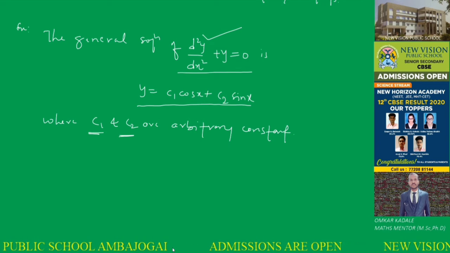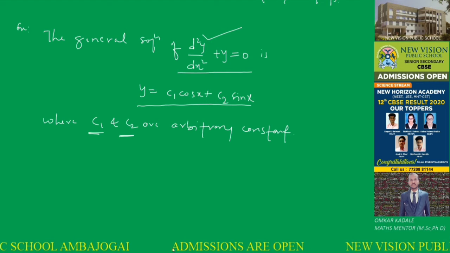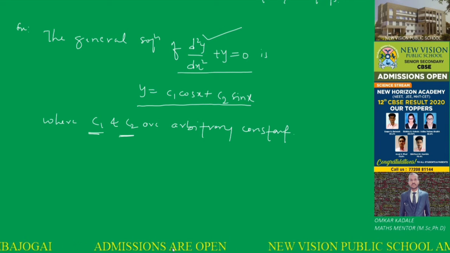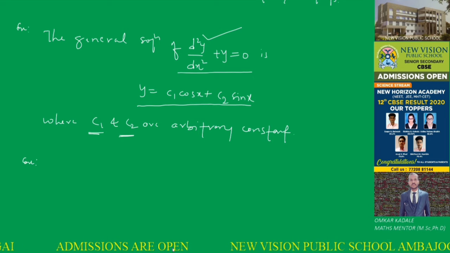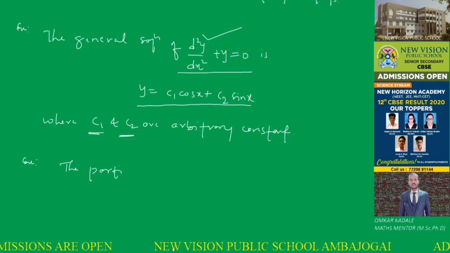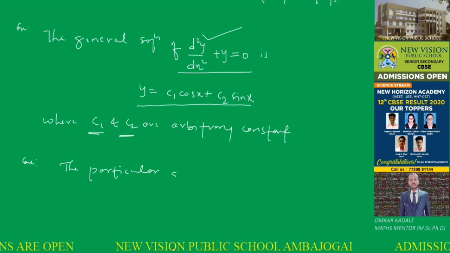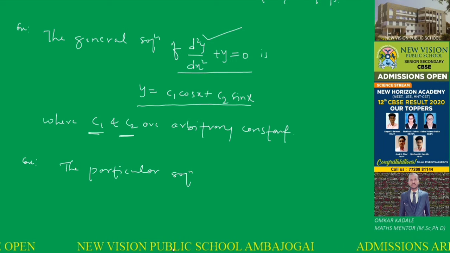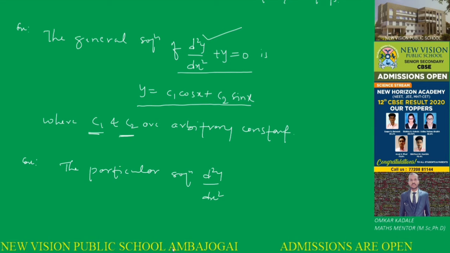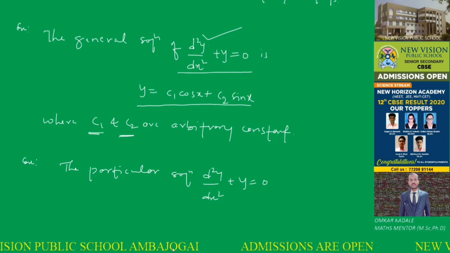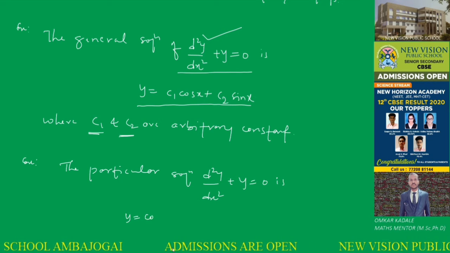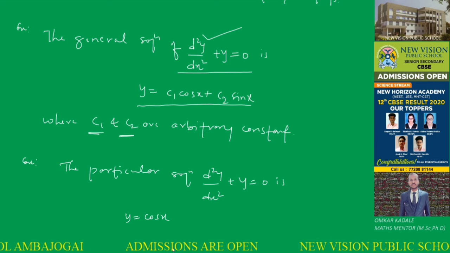Similarly, let's see an example for a particular solution. The particular solution of d2y upon dx square plus y equals to 0 is y equals to cos x.